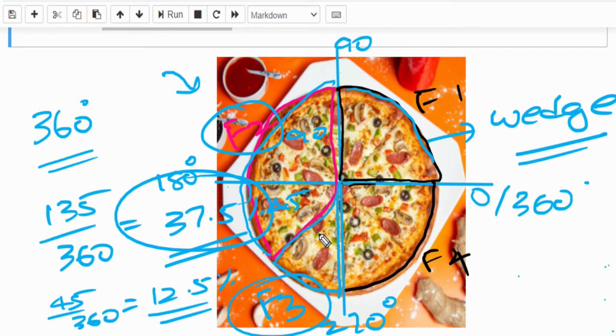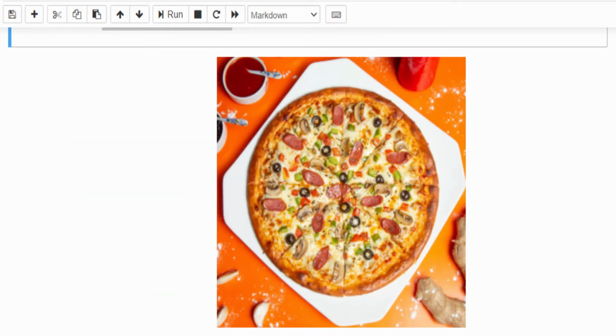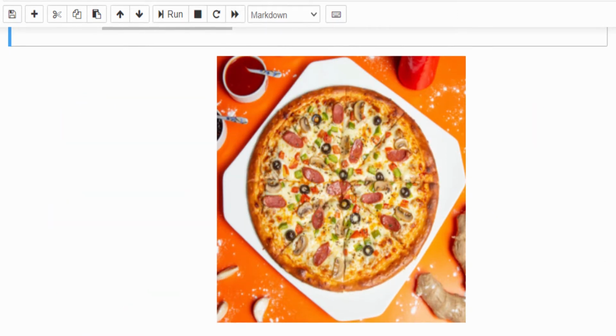Always remember, we can't compare friend 2 with friend 3. That is not the purpose of the pie chart. If you want to compare these two friends, then we have to go for the bar chart. We should use pie chart for part to the whole relationship in your data. Hope you understood the concept behind the pie chart.